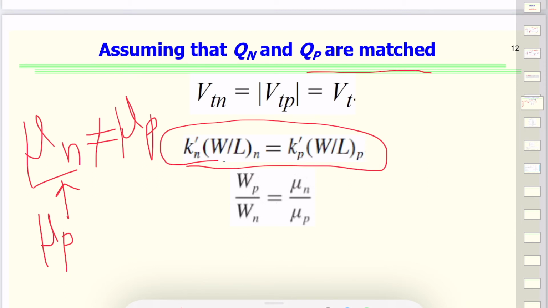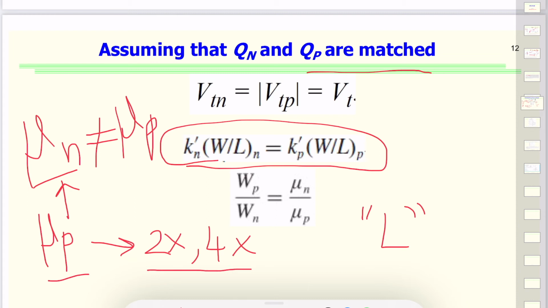to make the width of the p channel device much bigger, as much as 2 times to 4 times, while keeping the length small, because length is the characteristic which defines the channel length for any given technology node. But the width can be made larger to achieve this condition, that we want to have them matching with each other.